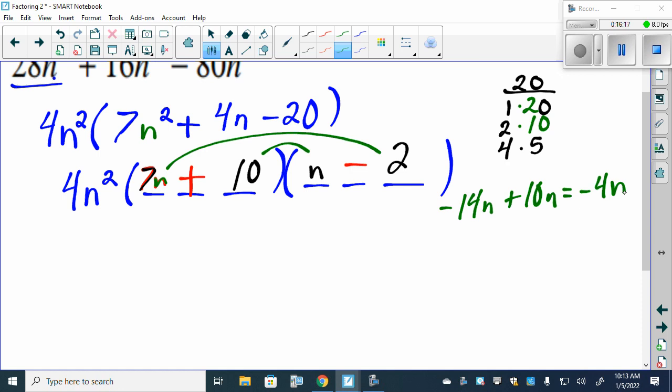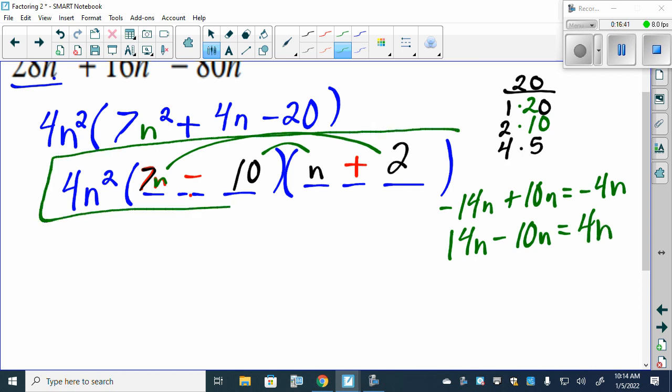We just need to change the sign because we got the correct number but the wrong sign. So if we do this again, 7n times 2 would give us 14n minus 10n, which would give us a positive 4n. And this here would be our answer.